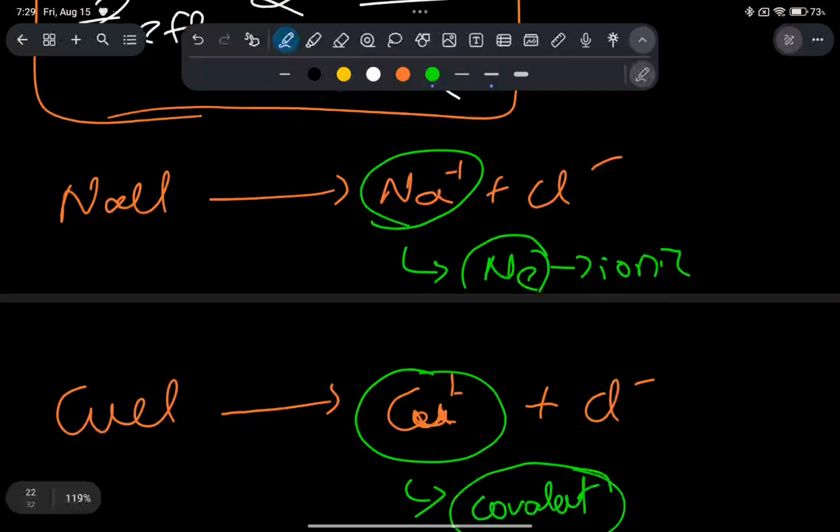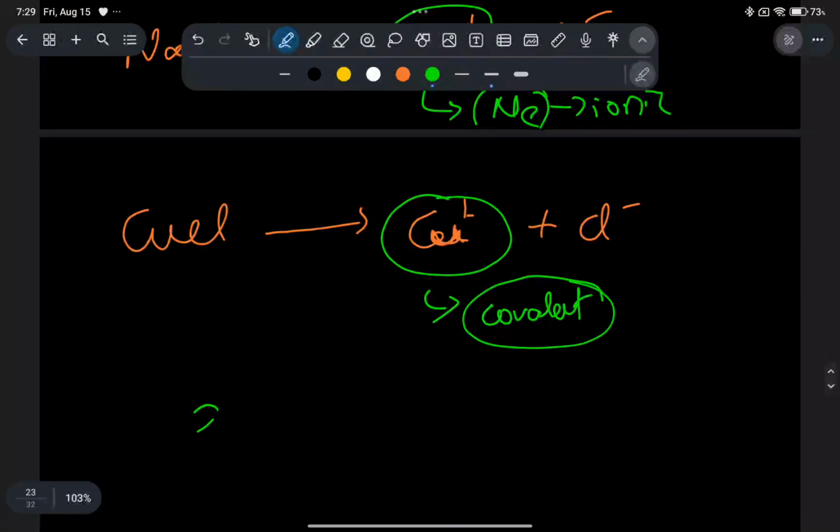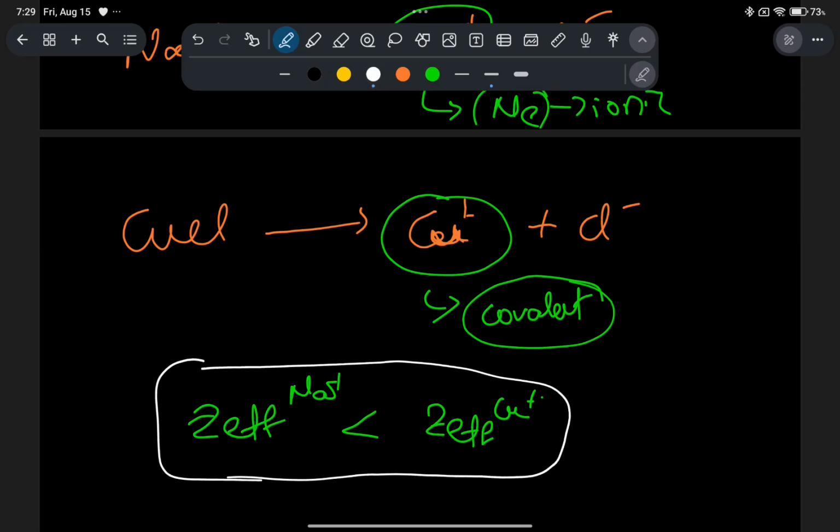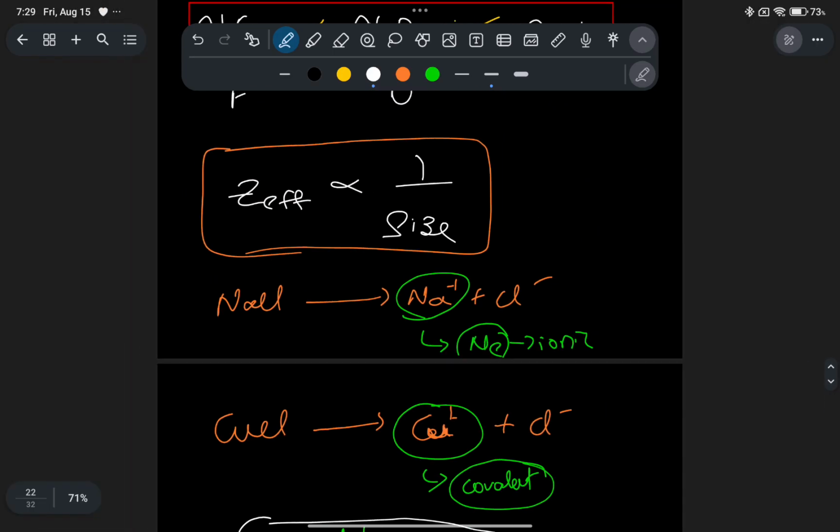So the jet effect of Na plus is less than the jet effect of Cu plus. Like this, by the polarization or size, you can know the jet effect.